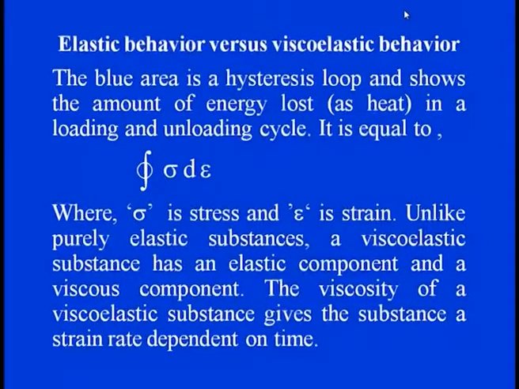The hysteresis loop is the amount of energy lost, in the form of heat or any other form, in loading and unloading conditions, and we can say that this is equal to the cyclic integral of sigma times the rate of change of strain, so sigma d epsilon. So the change in strain times sigma over the entire cycle gives how much energy is being lost during loading and unloading conditions.